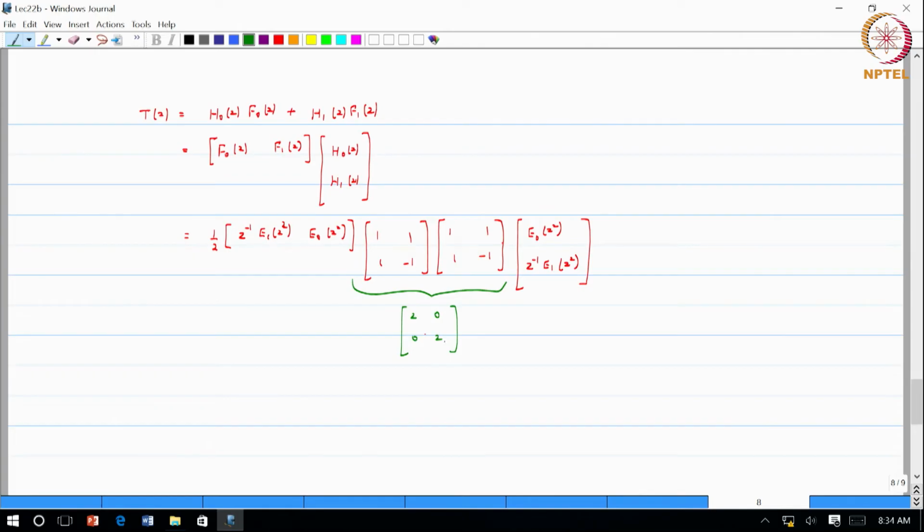So, that scale factor will cancel off the scale factor of 1/2 that is sitting outside. So, what you will eventually get is the following: Z inverse E0 of Z squared E1 of Z squared, which was the same insight that you got from the multirate structure as well.